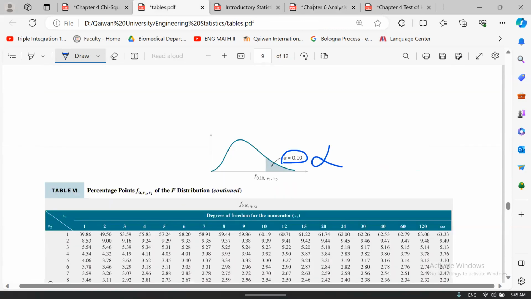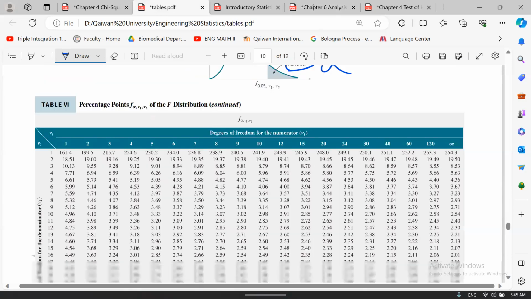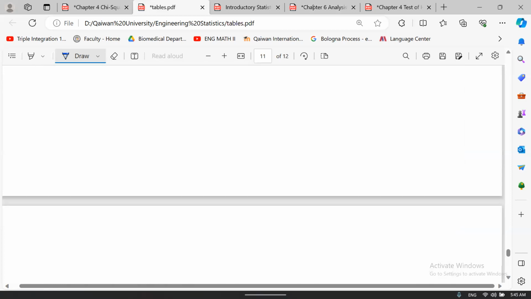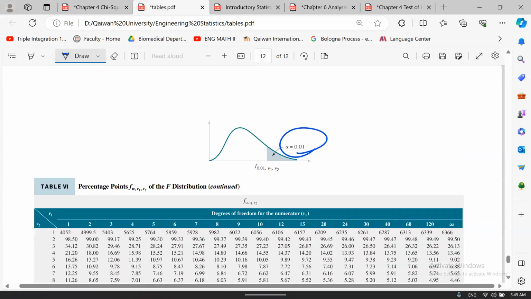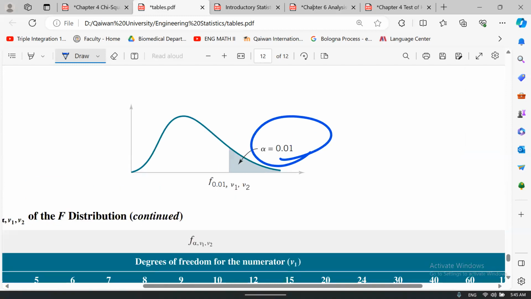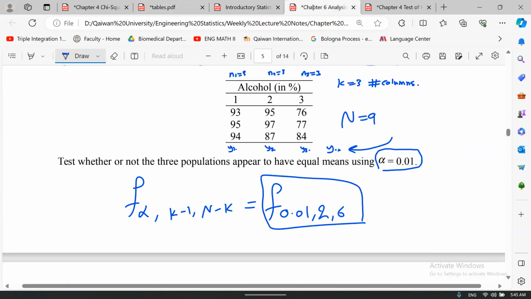This is not 0.01, it's 0.1. This one is. As you see, alpha is 0.01. So our alpha is 0.01. Now we found the table.